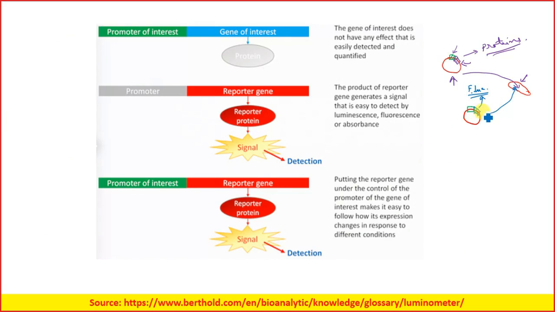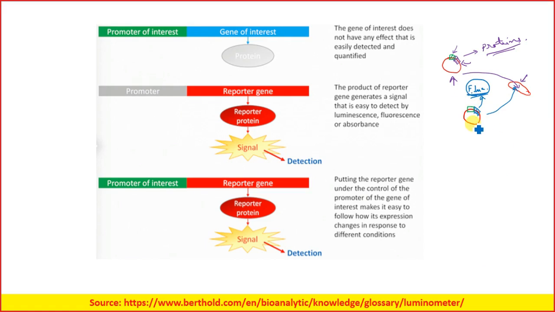So this reporter gene will generate the firefly luciferase enzyme, and whether this promoter is activated or suppressed, whatever is happening over here, we will be able to find out by estimating what is happening to the luciferase enzyme.